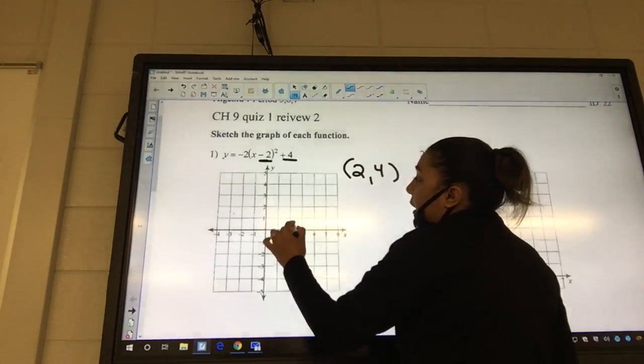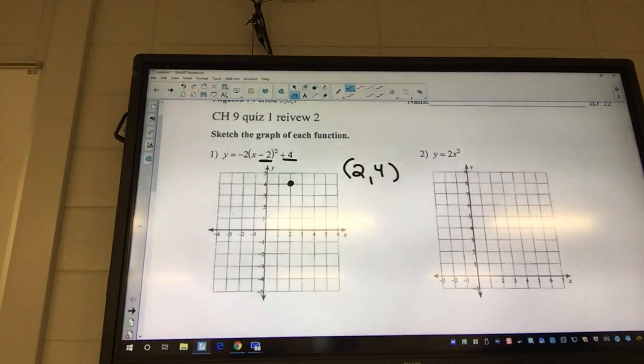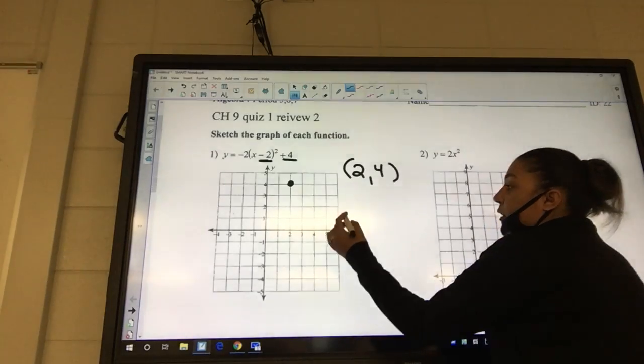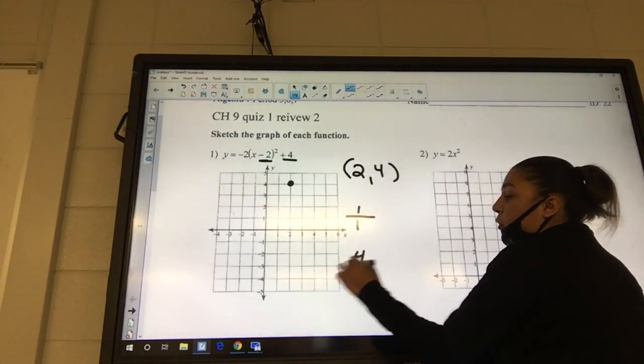Okay, so we can plot that 2, 4. And does this graph open up or down? Down. How can you tell? Because of the negative out front. That tells you that it opens down. But there's a number out front, so how do we figure out the next point? Normally you say down 1 over 1, and then you would go 4 over 2.